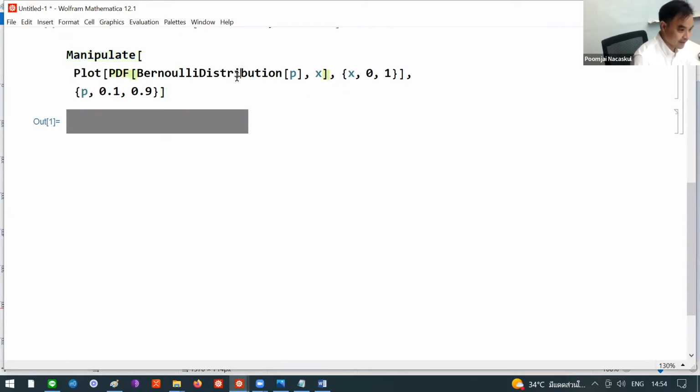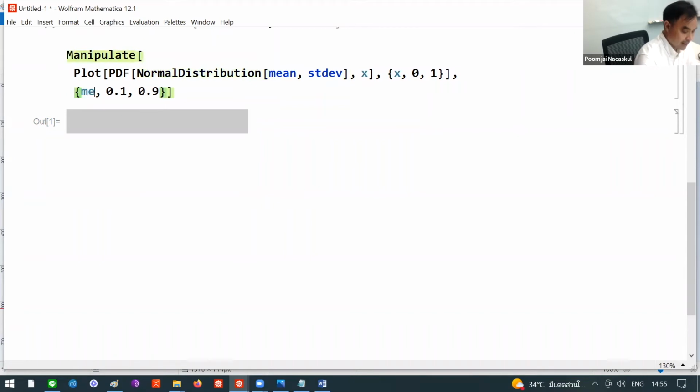Normal distribution. And I'm going to put in two things. One is called mean, and one is called standard deviation. And mean is between 0 and 9.